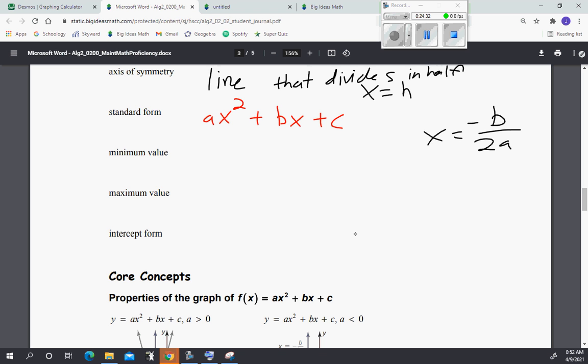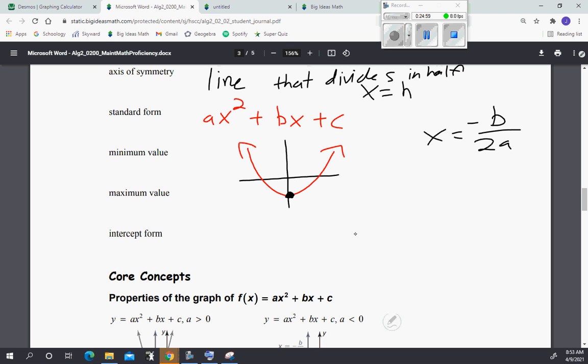The minimum value. I think it's better to draw pictures. Okay. The minimum value. If I have a graph and I have a parabola that goes like this, my minimum value is where my vertex is.